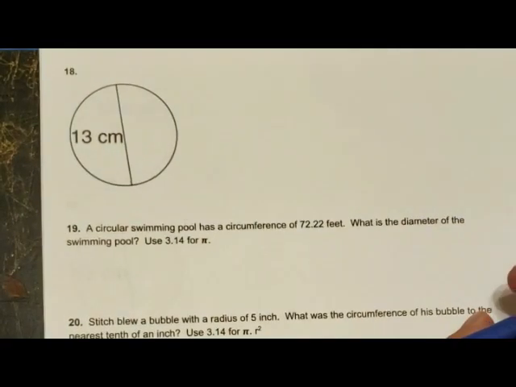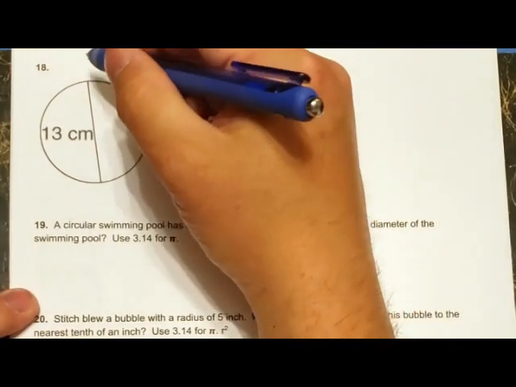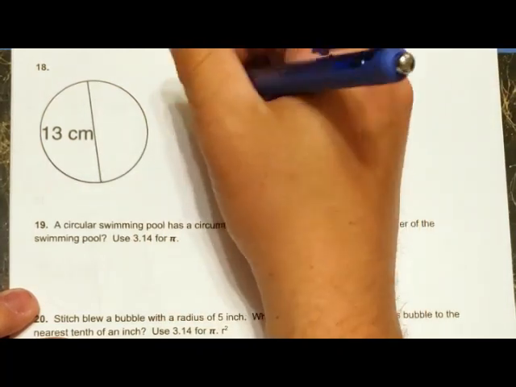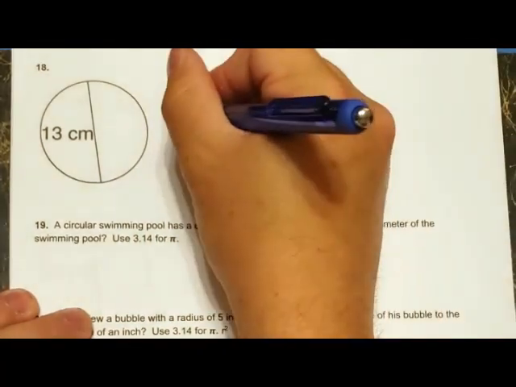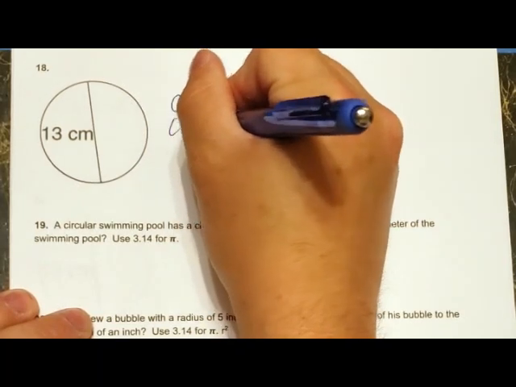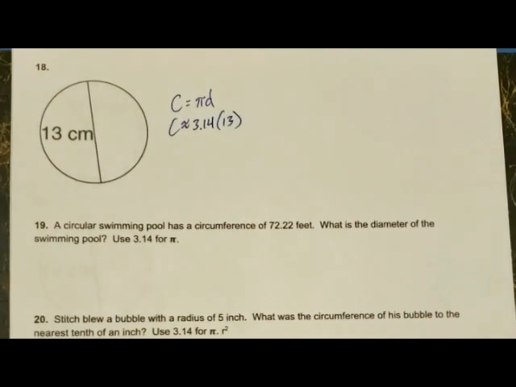All right, do we need C equals pi d or C equals 2 pi r? All right, they gave us all the way across, so we need C equals pi d. Let's plug in our approximation for pi and the diameter that we had.